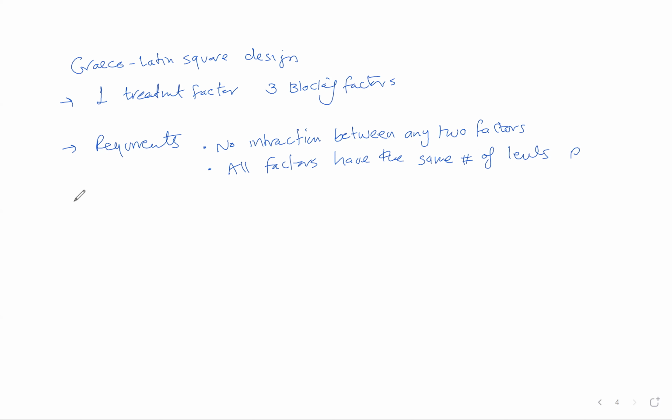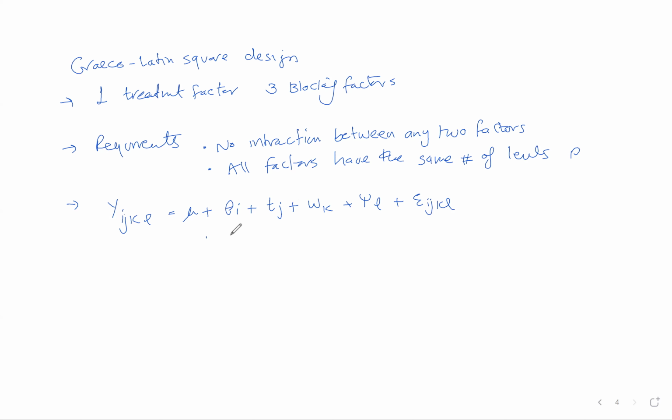So the statistical model can be written as Y_IJKL. I for the first blocking factor, J for the treatment factor, K for the second blocking factor, L for the third blocking factor. You can use any notations, like mu plus theta I plus tau J plus gamma K plus xi L plus the error epsilon IJKL.